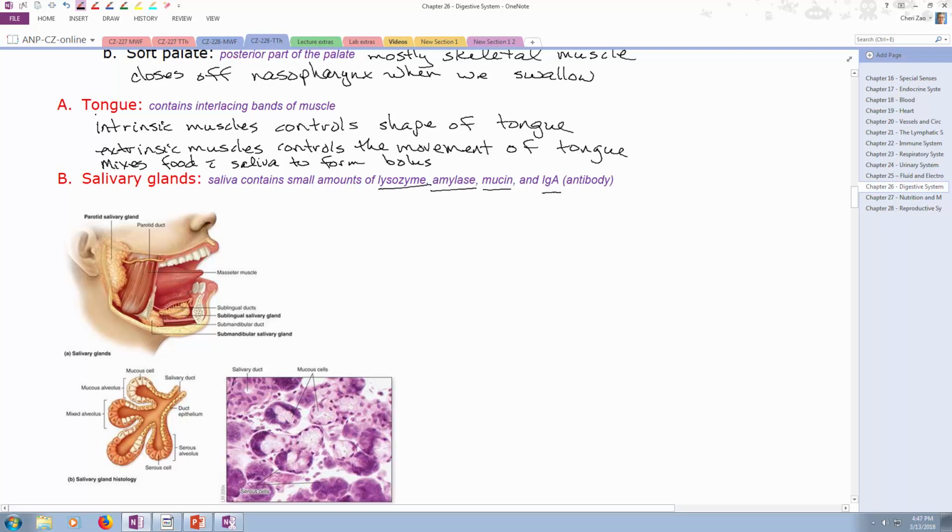And then IgA, you guys should recognize that, yes? It's on the upcoming exam. And IgA is made up of how many monomers? The monomers are, what do we call a monomer of immunoglobulins? What does it look like? It looks like a Y. So how many monomers make up IgA? 2.